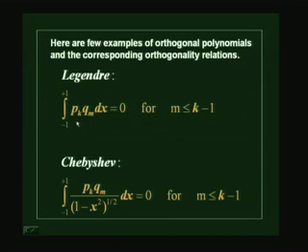So in the Legendre polynomial, the limits have to be -1 to +1, and the weight w is 1, while in the Chebyshev it's again -1 to +1, but the weight is 1 by 1 minus x squared to the power half.